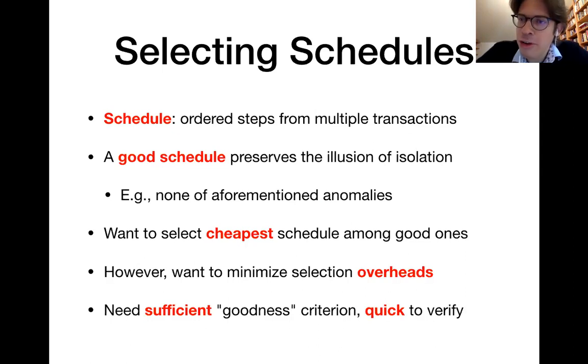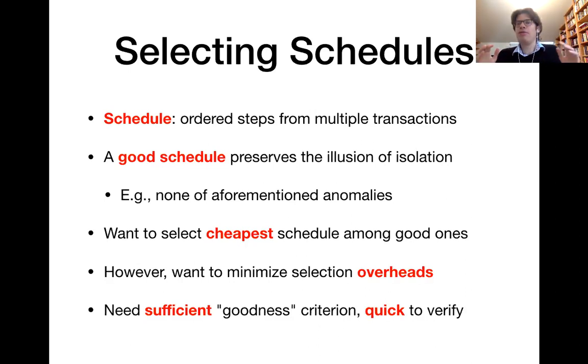So ideally we want to select the cheapest schedule among the ones that avoid the relevant anomalies. On the other side, we want to reduce the overhead of concurrency control itself. That means we might make some kind of compromise. For instance, we might not consider all possible schedules when selecting the one for execution, but only a subset, if doing so reduces the overheads of concurrency control.